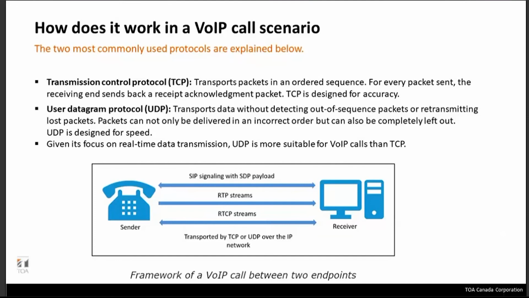RTCP carries the sequence, which is very important for how the audio streams are placed sequence by sequence, especially if you want to improve quality. Based on RTCP, you can engage the quality of service.